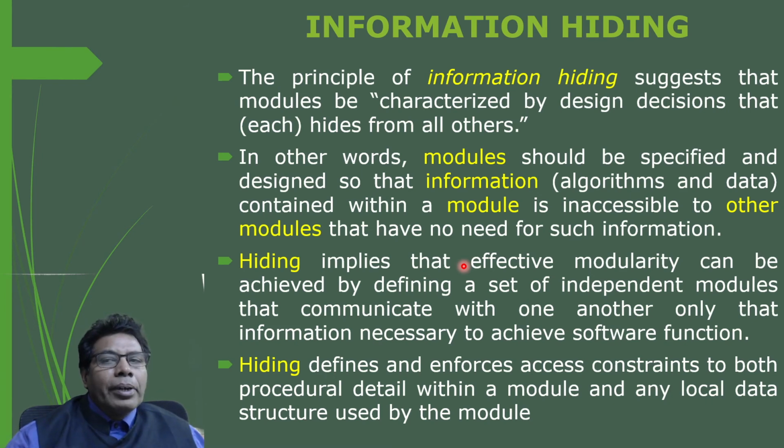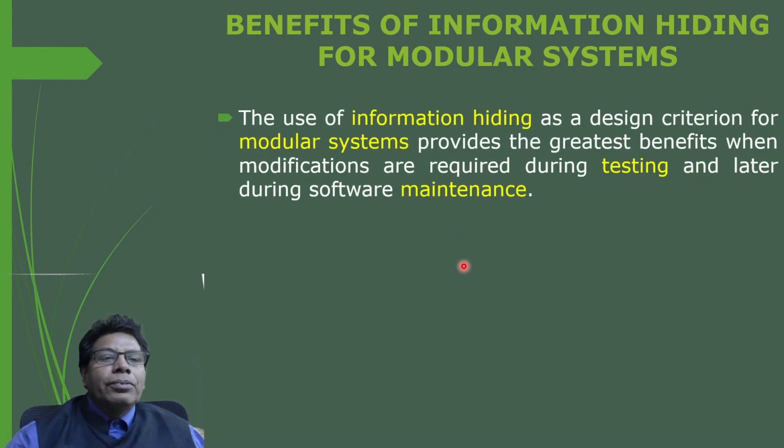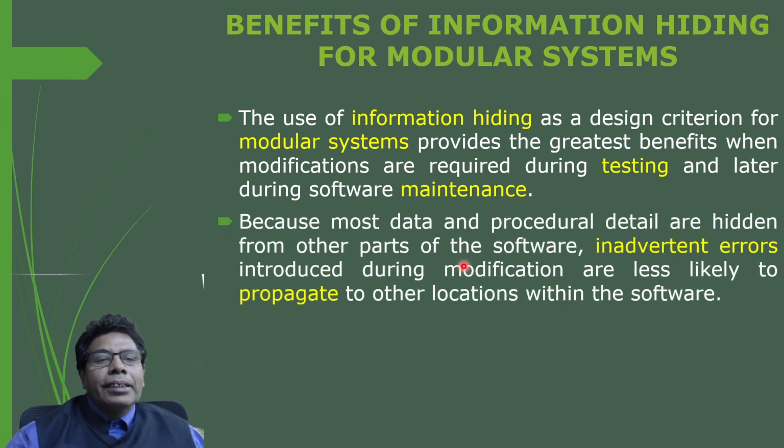Then let us go to the benefits of information hiding for modular systems. So the use of information hiding as a design criterion for modular systems provides greatest benefits when modifications are required during testing and later on during maintenance. Because most of the data and procedural details are hidden from other parts of the software.